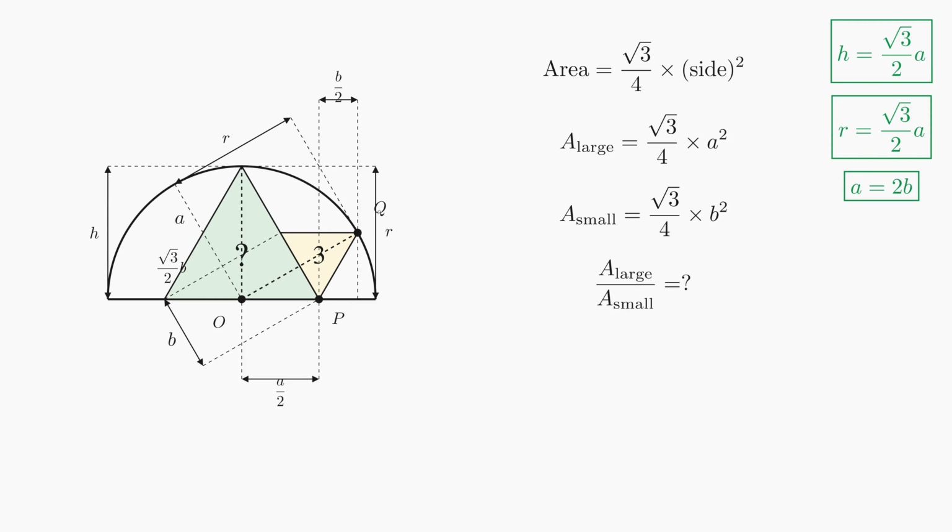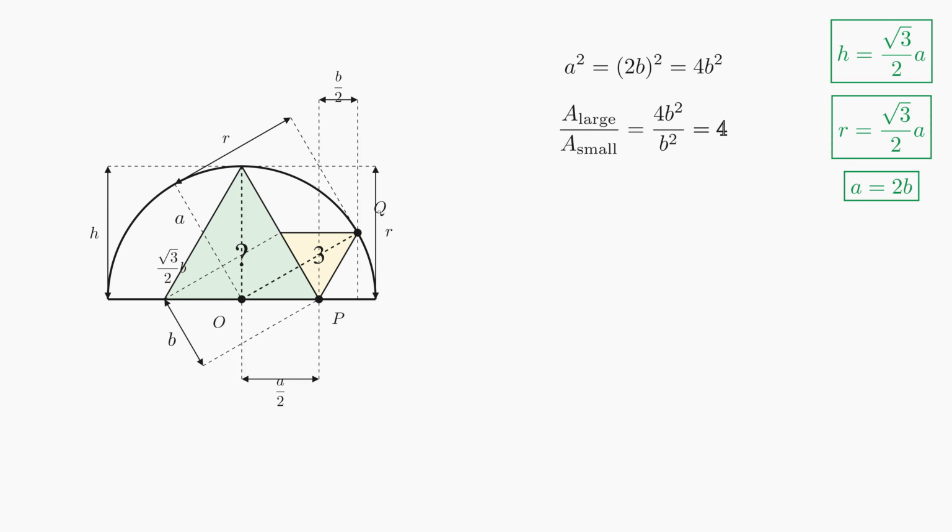Let's find the ratio of the areas. The ratio equals A squared over B squared. Since A equals 2B, A squared equals 4B squared. So the ratio is 4B squared over B squared, which equals 4. The large triangle has 4 times the area of the small triangle.